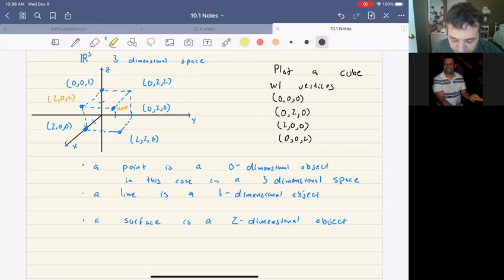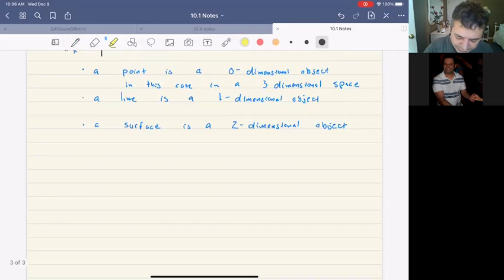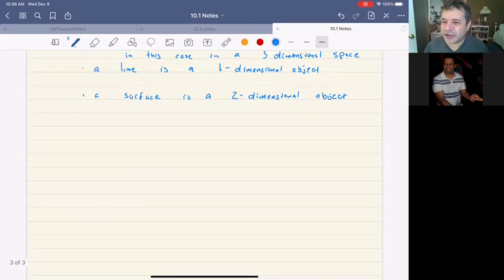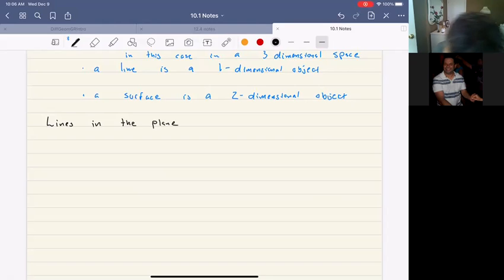Okay, so let's talk about a line real quick, just in two space. Lines in the plane. That's something that you should already have some sense about. The sense that you have about them should be something like y equals mx plus b.